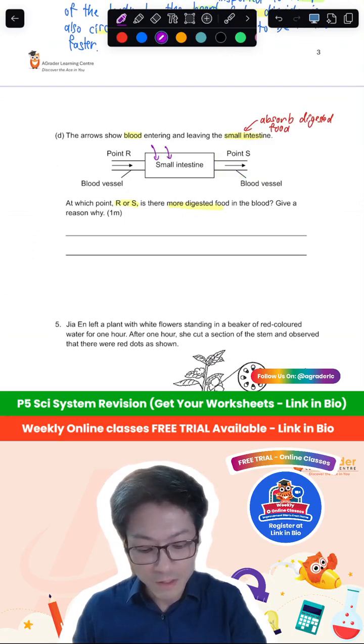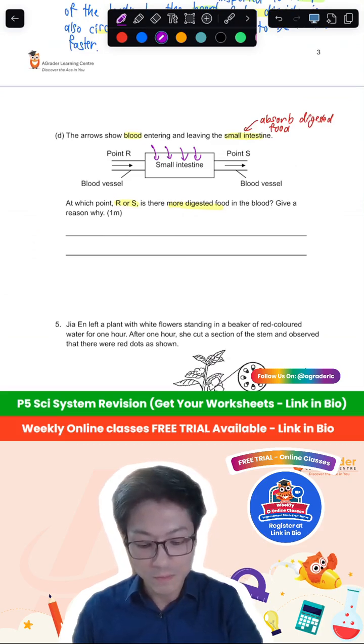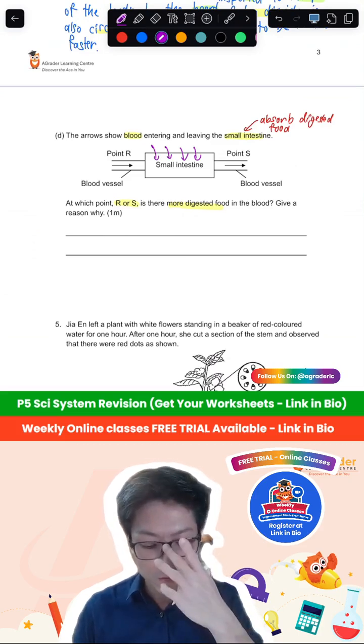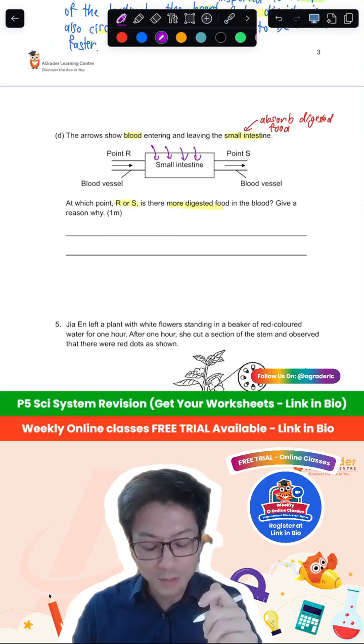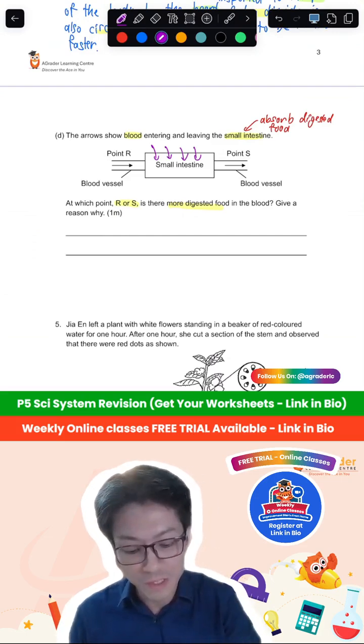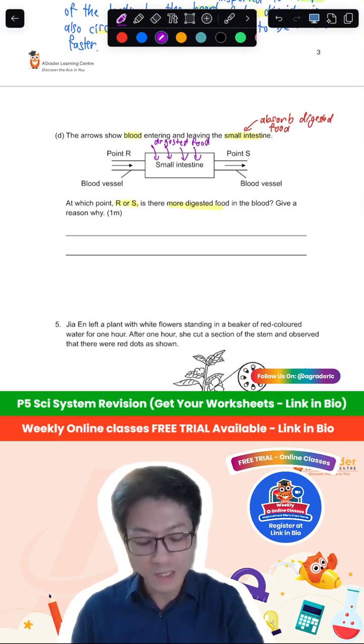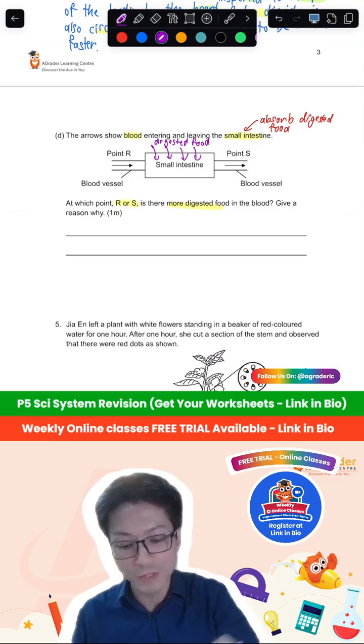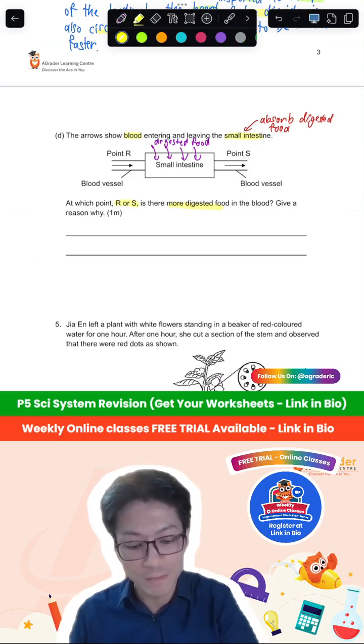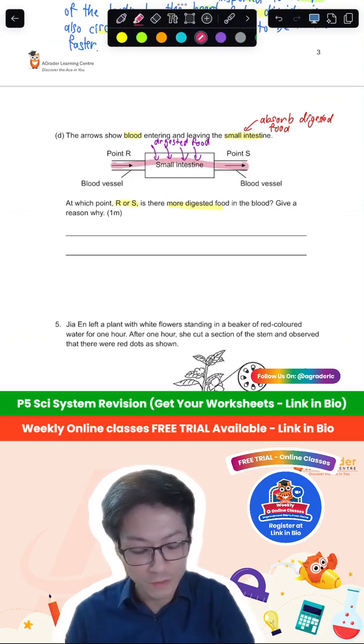The digested food will be absorbed into the, okay, I'm a bit confused, but never mind. I'm gonna write digested food, it's gonna be absorbed into the bloodstream. So I will visualize the blood flowing through over here, from here to here.